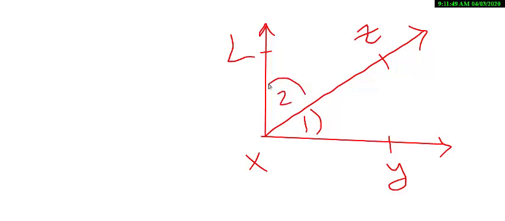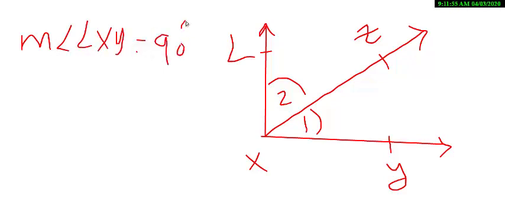If the question says that the measure of angle LXY equals 90 degrees, that means it's a right angle, and this is an angle made up of two angles, which are angle 1 and angle 2.